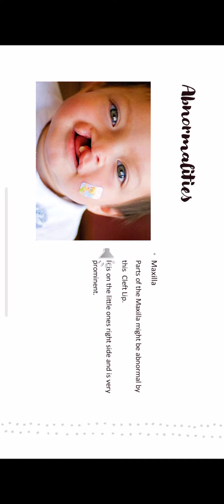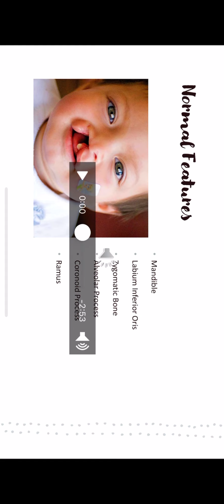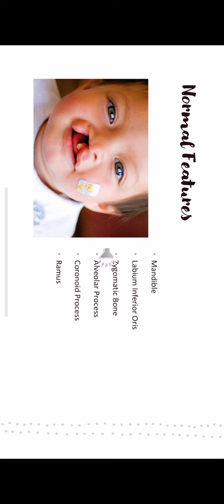Now for some normal features, or I should really have named this not affected features. The mandible is not affected by this. This is the inferior part of the jaw.